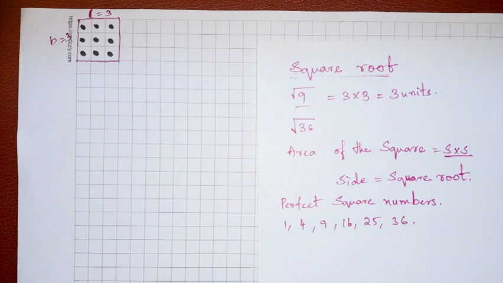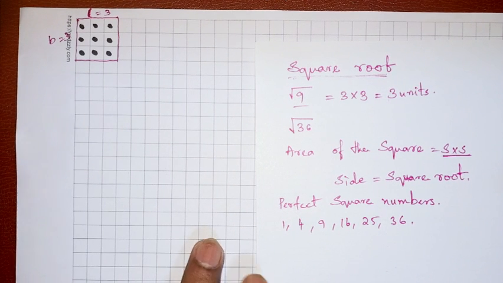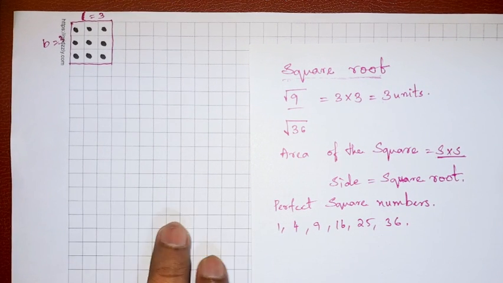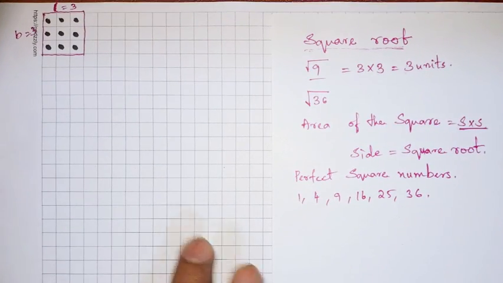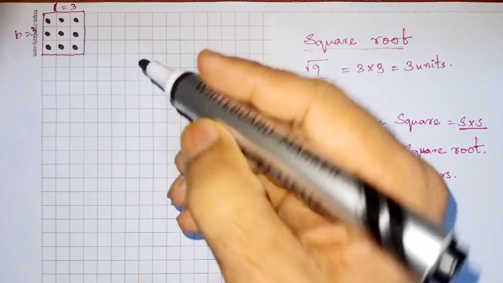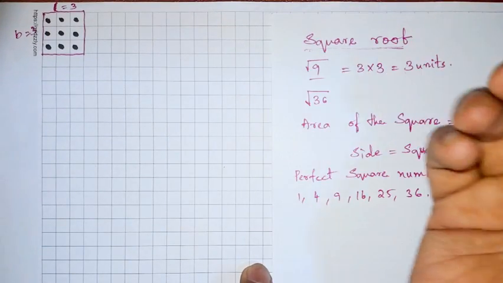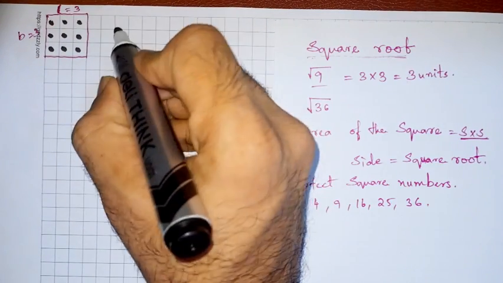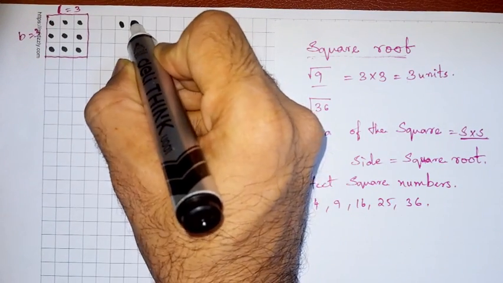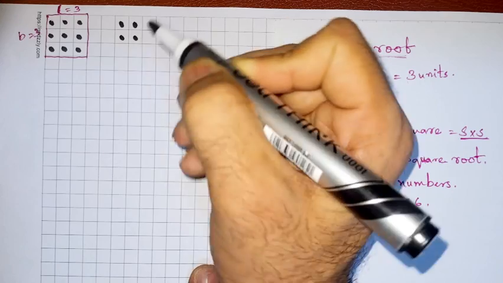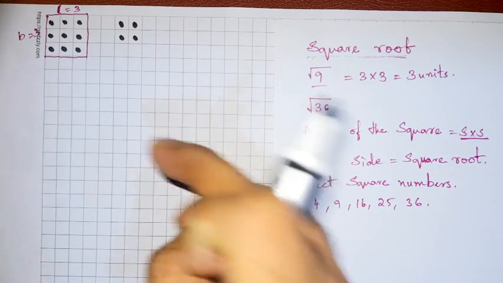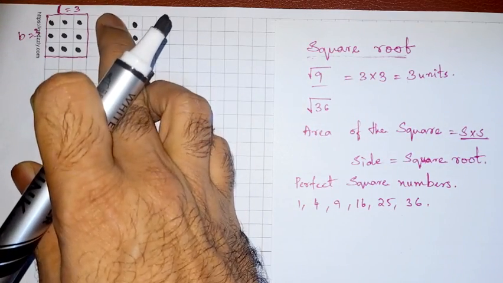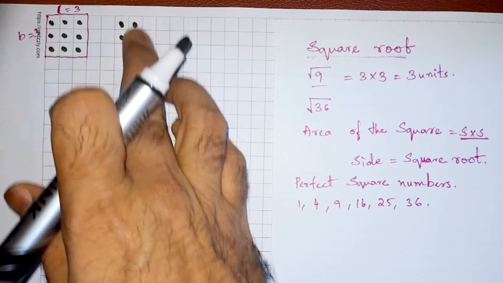Now let us find the side of the square whose area is 36. I am using a marker, but you can use a highlighter or color. So 1, 2, 3, 4. My main intention is to make a square.